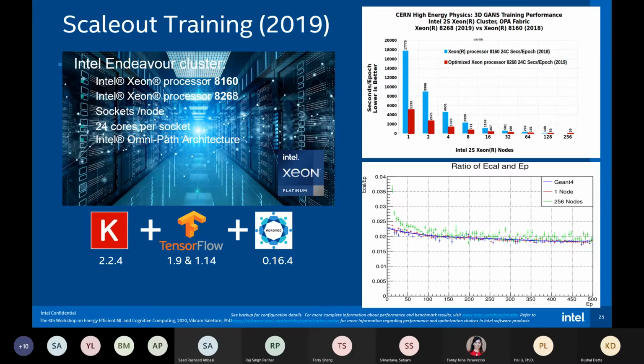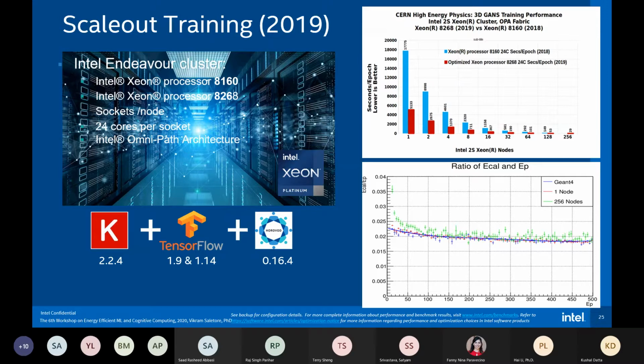We showed that we can train it on 256 nodes with very good scaling. In addition, the real interest is how accurate it is, and this is not a loss or accuracy like mean square error.